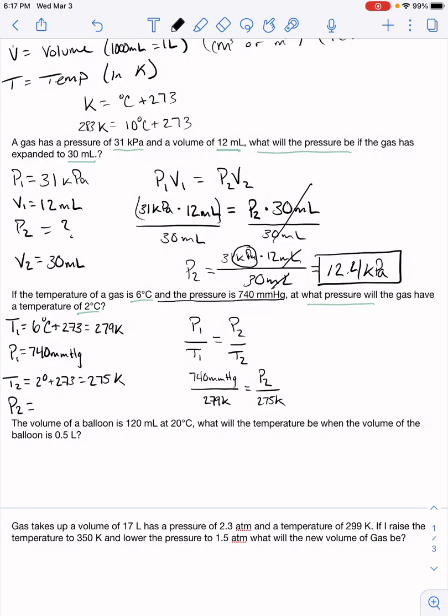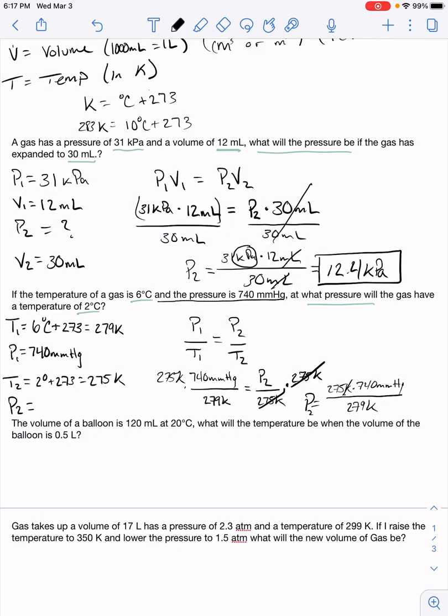Again, at this point, it's really algebra, and pressure 2 is being divided by 275 Kelvin, so we're going to multiply the 275 Kelvin to the other side. That cancels over here, and then what I'm left with is that pressure 2 is equal to 275 Kelvin times 740 millimeters of mercury divided by 279 Kelvin.